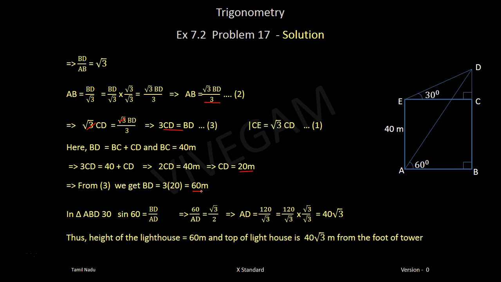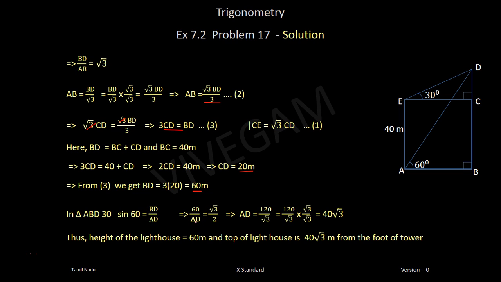Right, now we know the height of the lighthouse. The problem is done. Right, now in the triangle ABD, sine 60 is opposite by hypotenuse. Okay, so sine 60 is opposite, which is BD divided by AD, and BD we just calculated as 60 meters.